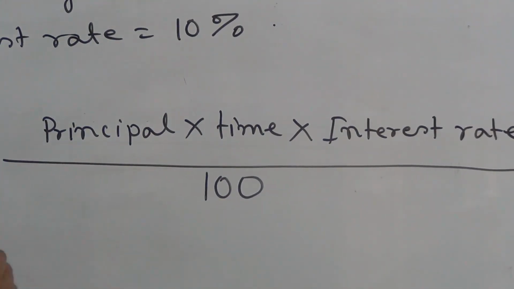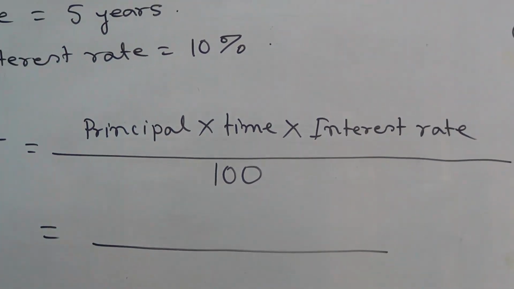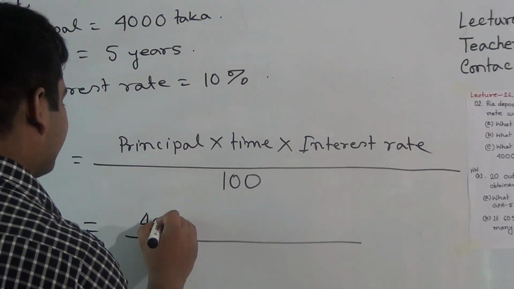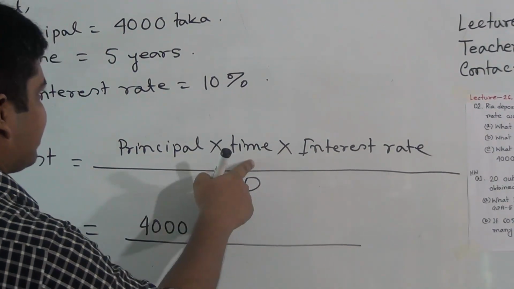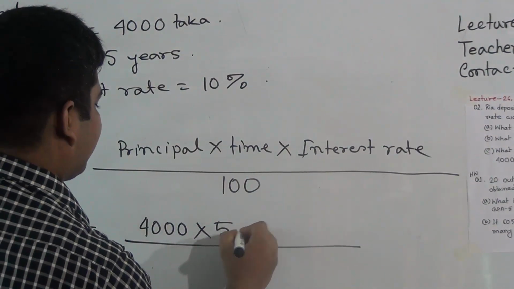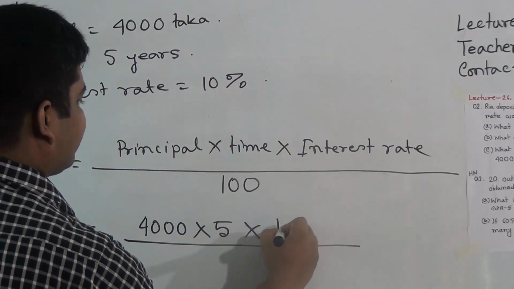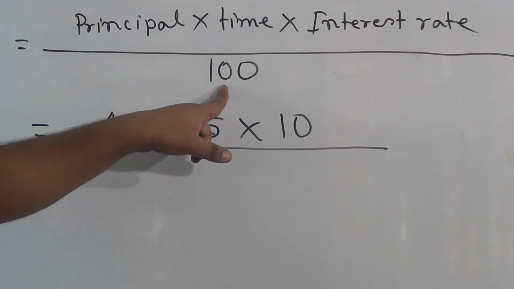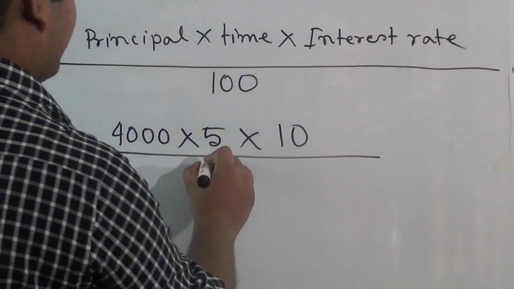My dear student, now we put the value of principal, time and interest rate. Here principal is 4,000 taka, so write 4,000 first. Then time is 5 years, write 5. Interest rate 10, we don't write percentage. Why? Because for this percentage here 100 is given, so now we write here 100.